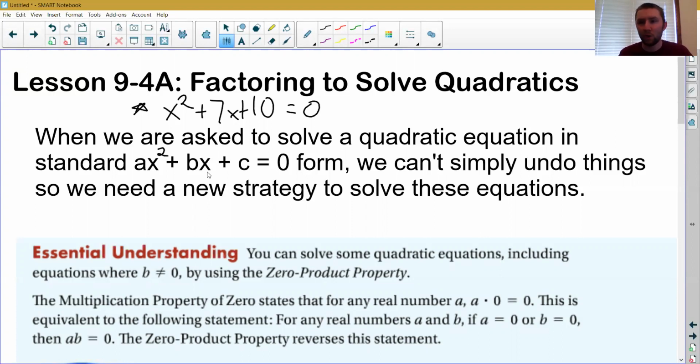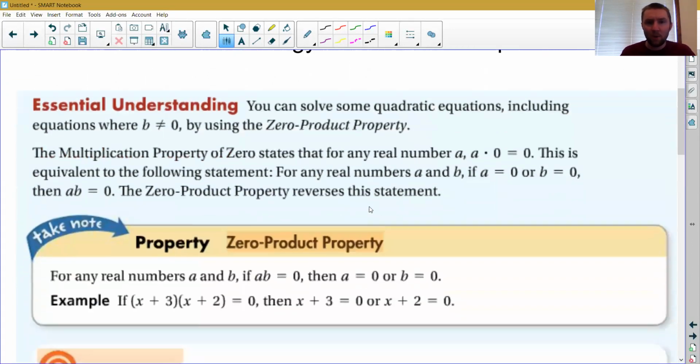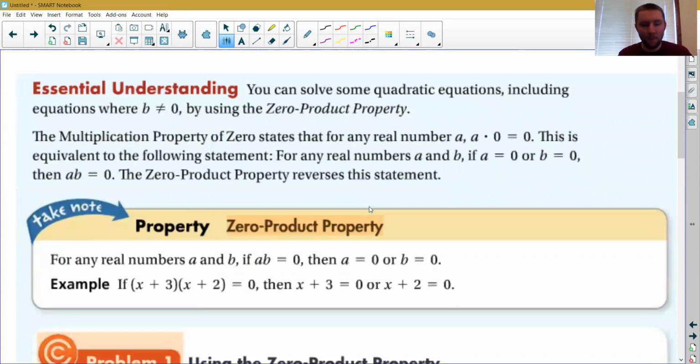So we need a new strategy. That new strategy involves something called the zero product property. It's a really important idea, and it's the strategy we're going to use.